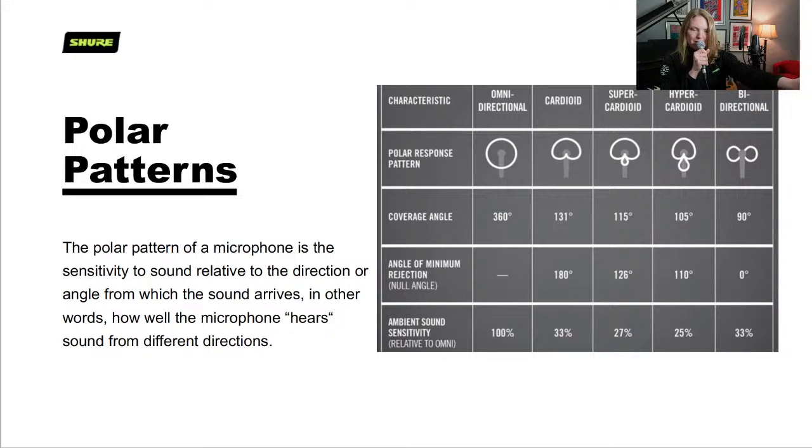Let's start talking about how to work these microphones before we get too far in the weeds with some other types. But with the Beta 58, this is a supercardioid, and when you are singing live and on stage, you want to make sure that you are facing the microphone towards the sound source as much as possible. Microphones are not smart instruments.